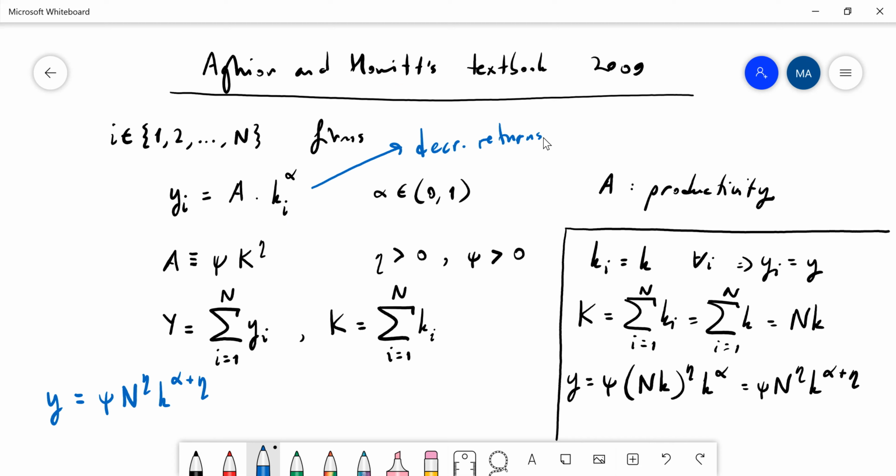So the firm actually has decreasing returns to scale because alpha is between 0 and 1, right? But because productivity is endogenous, and it is endogenous to the changes in the aggregate capital stock, because of this positive externality, here, of course, we have this positive externality.